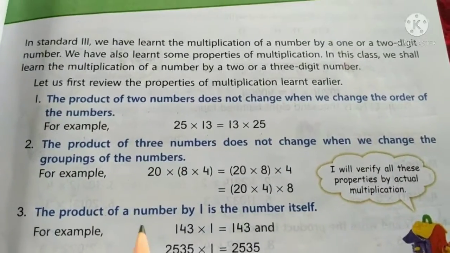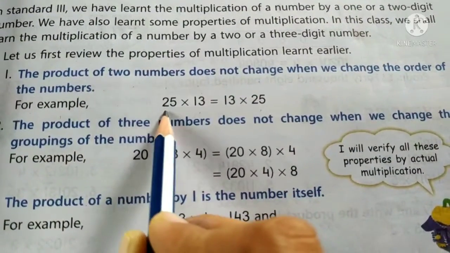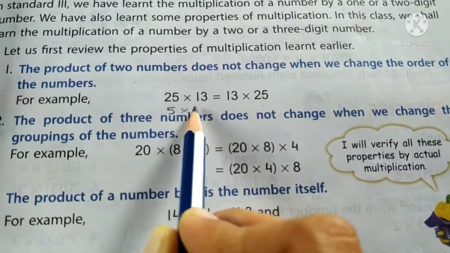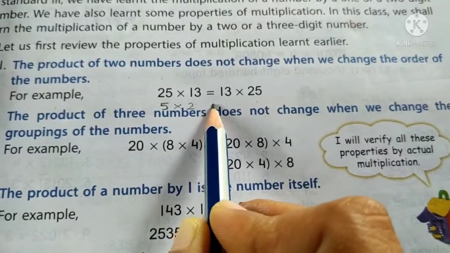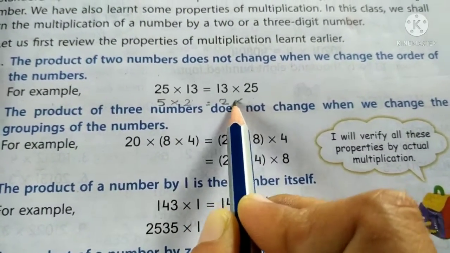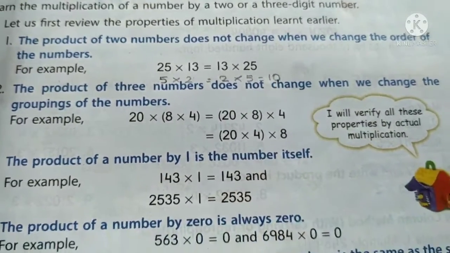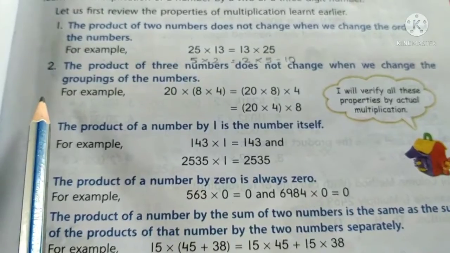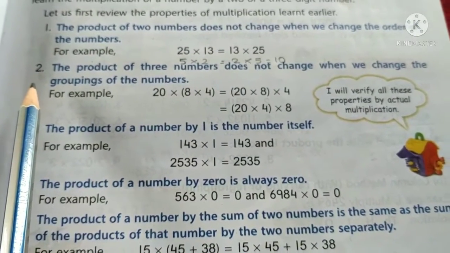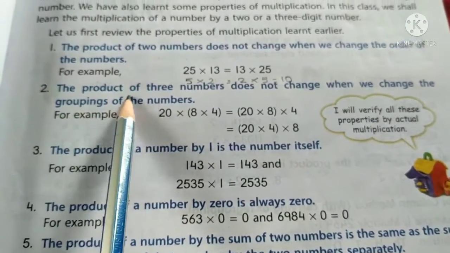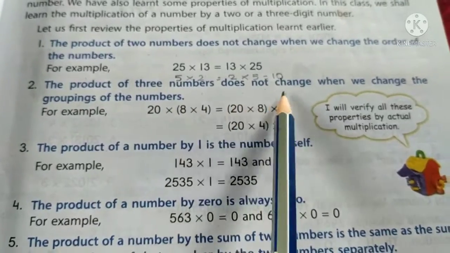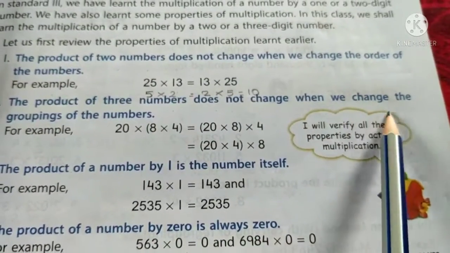Let us take a simple example. If we multiply 5 by 2 or 2 by 5, the answer will be the same, that is 10.